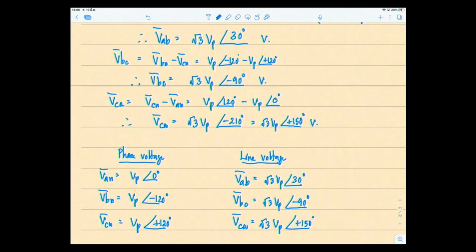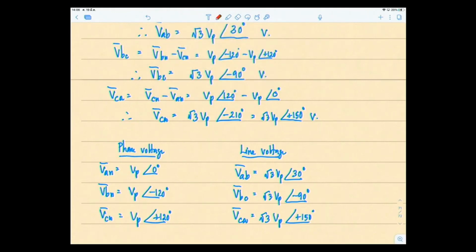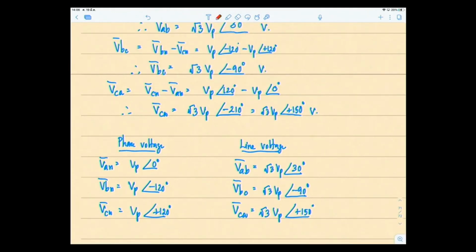Let's see if we can draw any conclusions to make your life easier. For the line voltage, this is your reference, because you got this from the problem. You need to calculate the line voltage. What happened is that the magnitudes of your line voltages are the same for all three cases, because they are balanced systems.